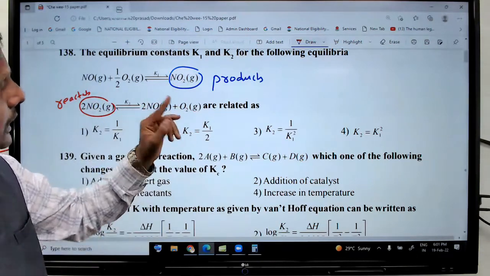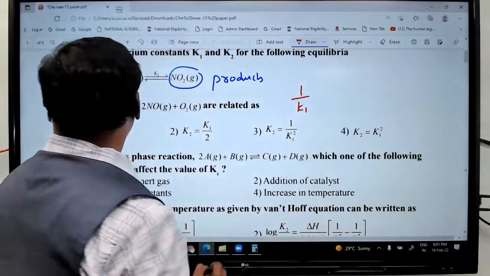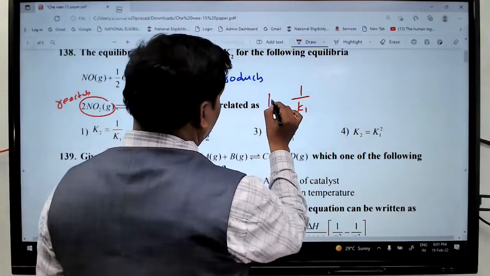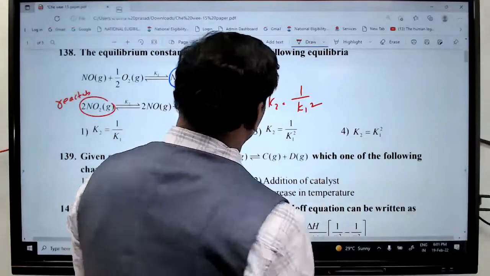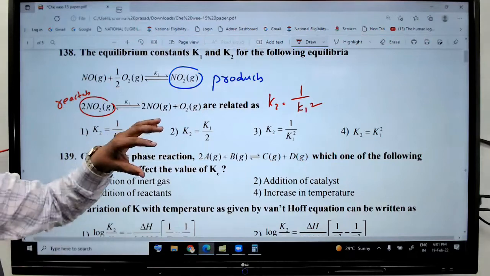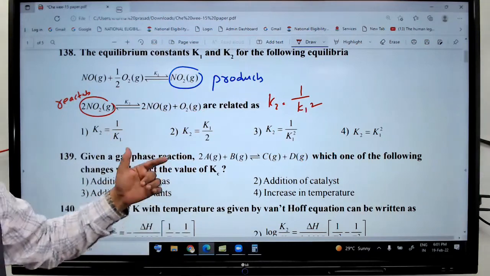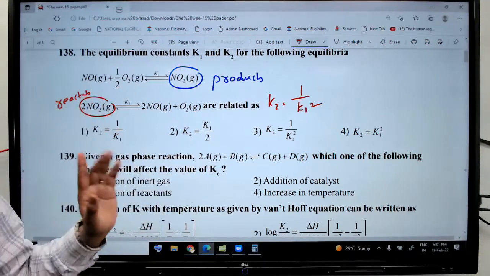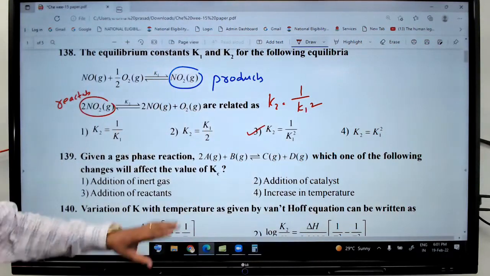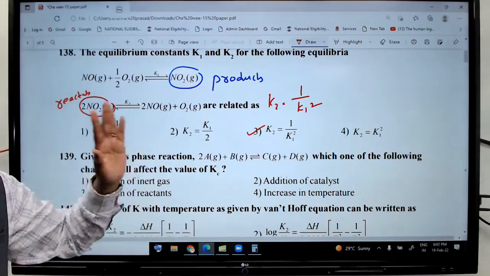Now the equation is reversed, meaning 1 by K1, and multiplied by 2. Reversed and multiplied by 2, meaning K2 is equal to 1 by K1 square. Once again, the first equation is reversed and multiplied by 2, then K2 is equal to 1 by K1 square. So the third option is correct. Very simple. Equation 1 was reversed and multiplied by 2, then the new equilibrium constant K2 is equal to 1 by K1 square.